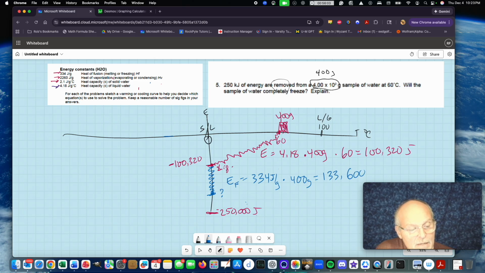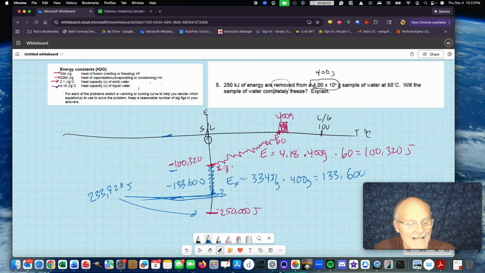So if this amount is 100,320, and this amount is 133,600, I think you can see that the total amount of energy removed is 233,920 joules, which is less than 250,000.